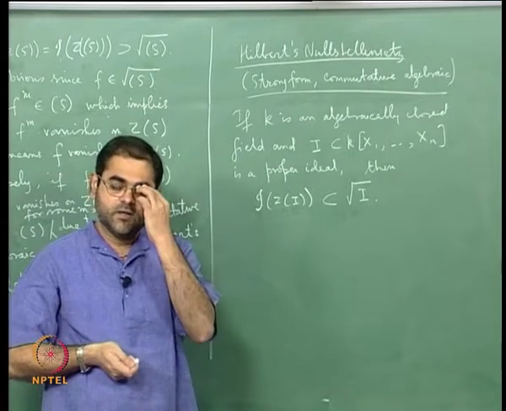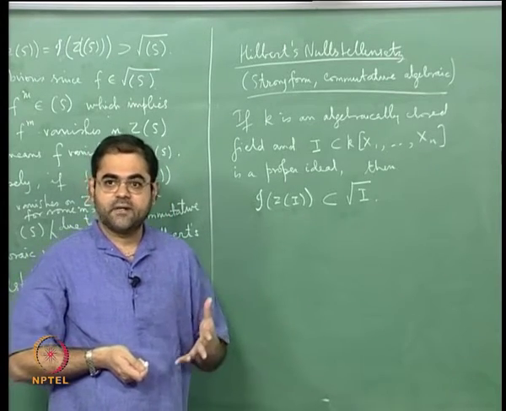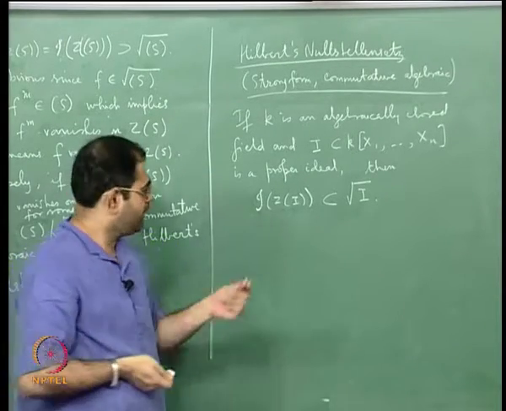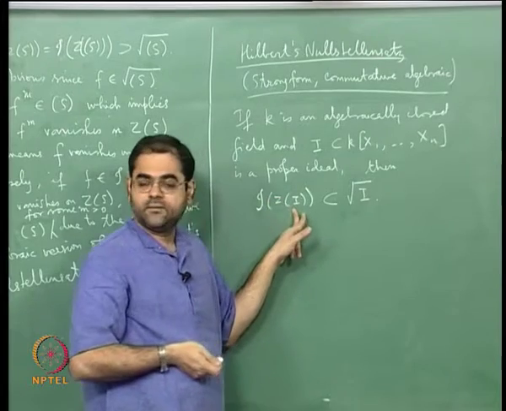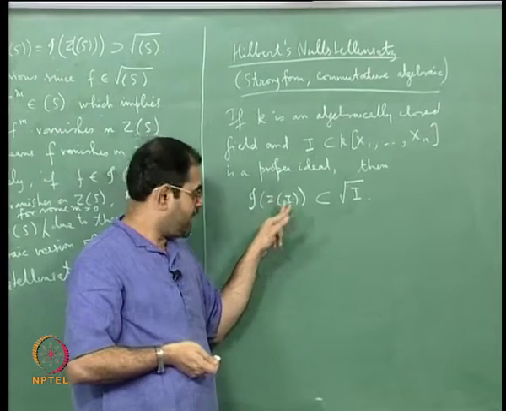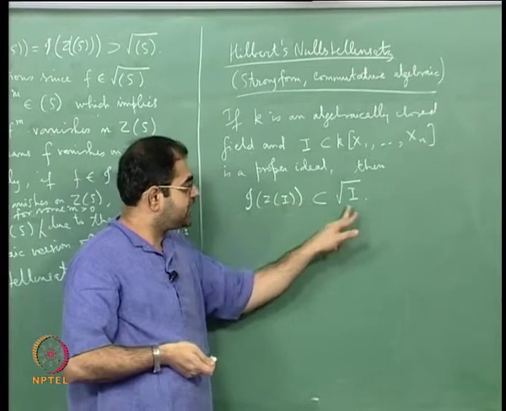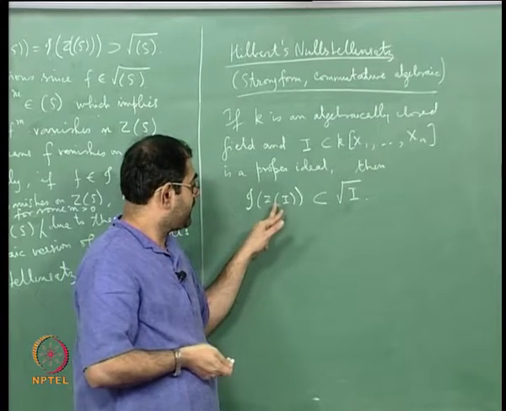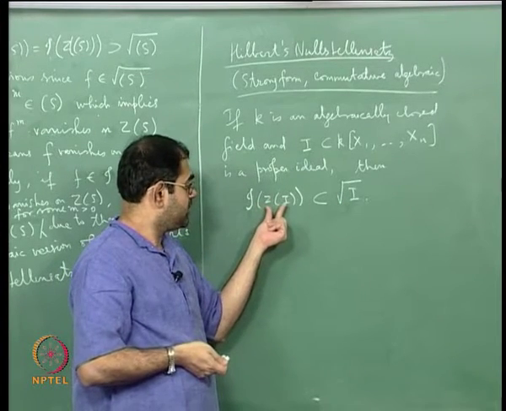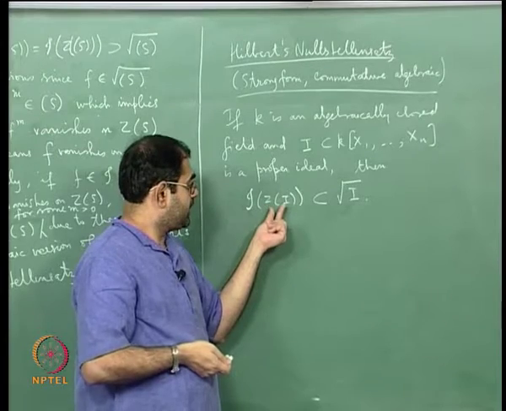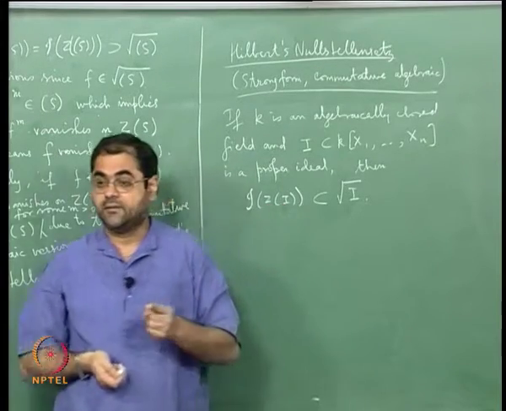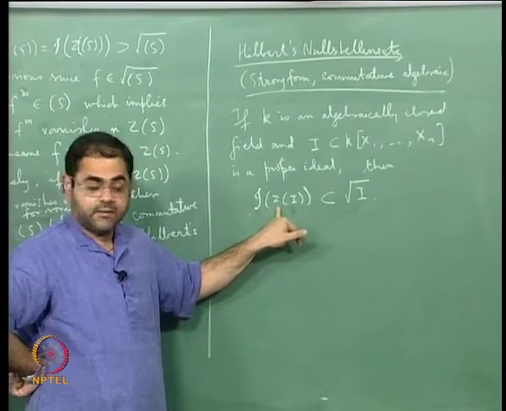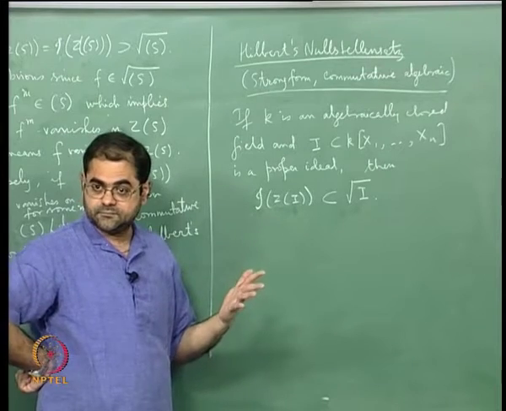The reason is that if a power of an element is a unit, then that element itself has to be a unit. So I being the unit ideal is the same as the radical of I being the unit ideal. And then of course, if Z of I is empty, then the ideal of the empty set is the whole ring.